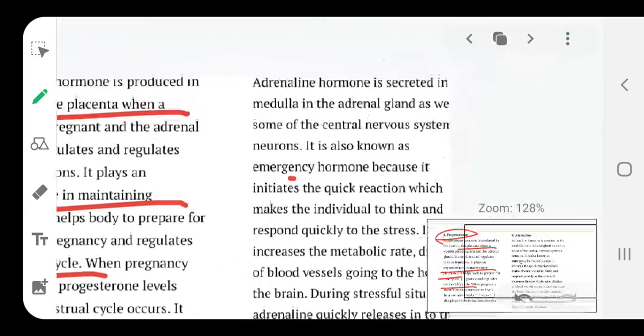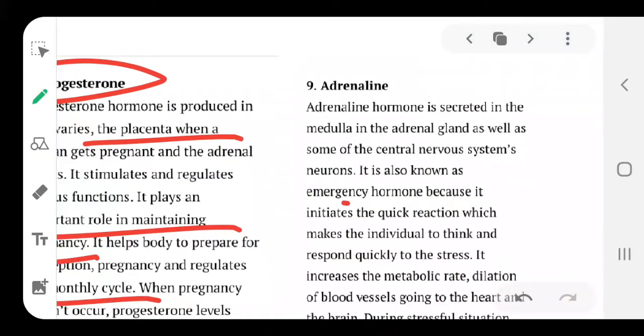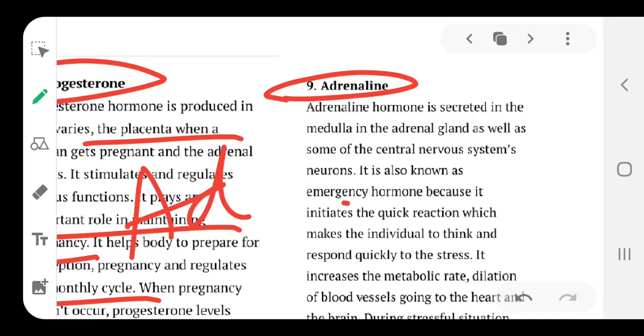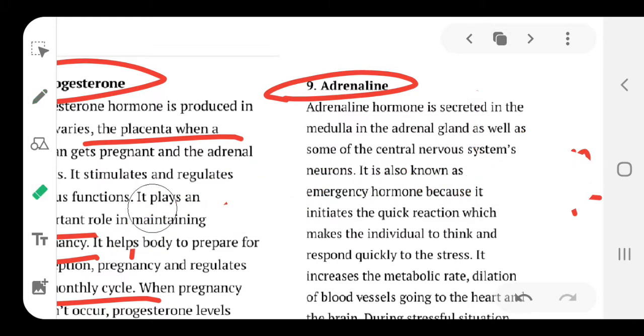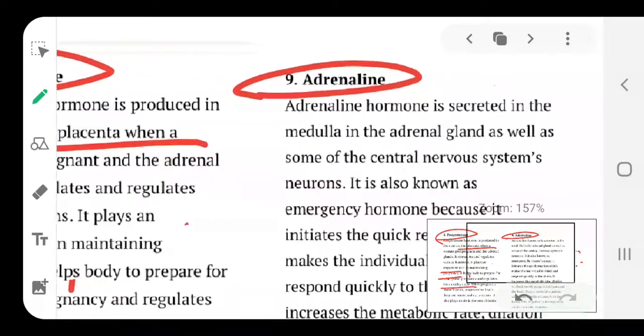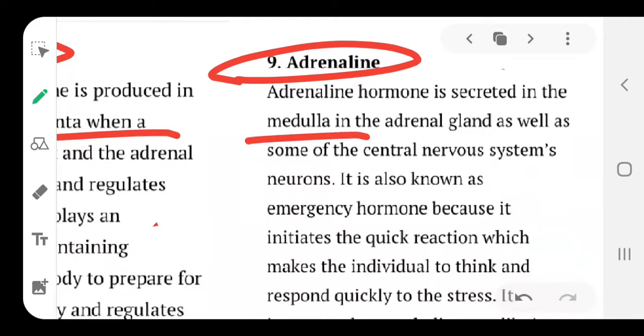And the next one in the hormone category is adrenaline. So underline this, adrenaline, A-D-R-E-N-A-L-I-N-E. Sometimes we have a short note question on this adrenaline concept. As I have told you, it is secreted by, underline the word, medulla of the adrenal gland. It is also referred to as the emergency hormone.